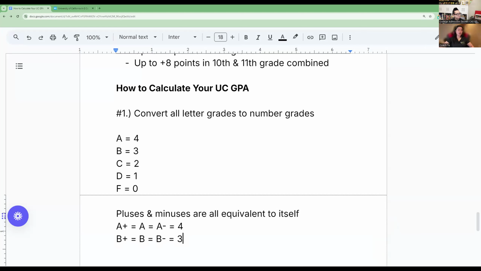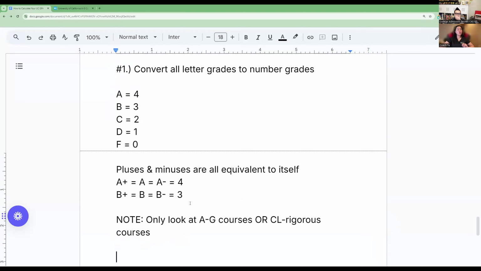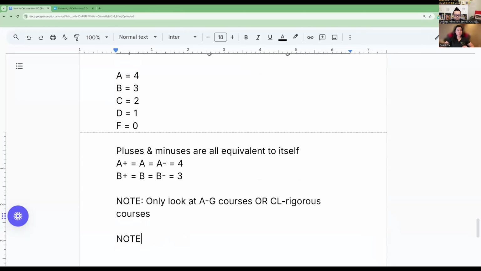But there's a caveat now because this is calculating UC GPA. You are only going to be looking at the A through G courses or college level rigorous courses, as well as one other rule: only looking at the summer after ninth grade to the summer after 11th.